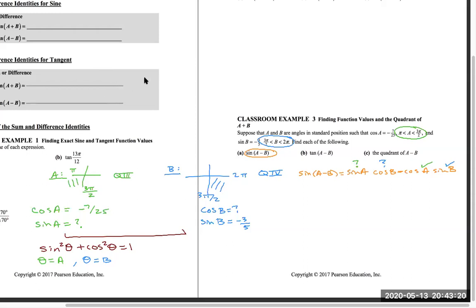Okay, so now, let's go ahead and let's move all this up. Actually, I'm not going to have enough room.